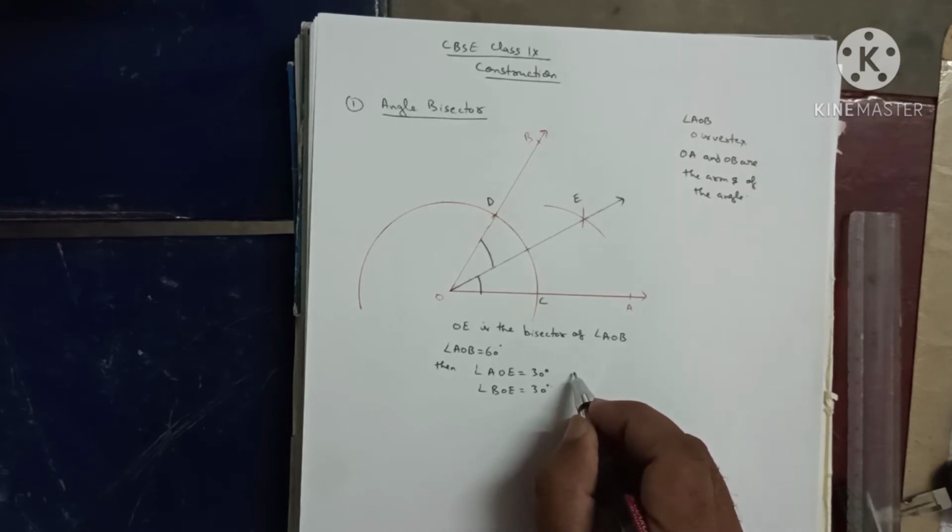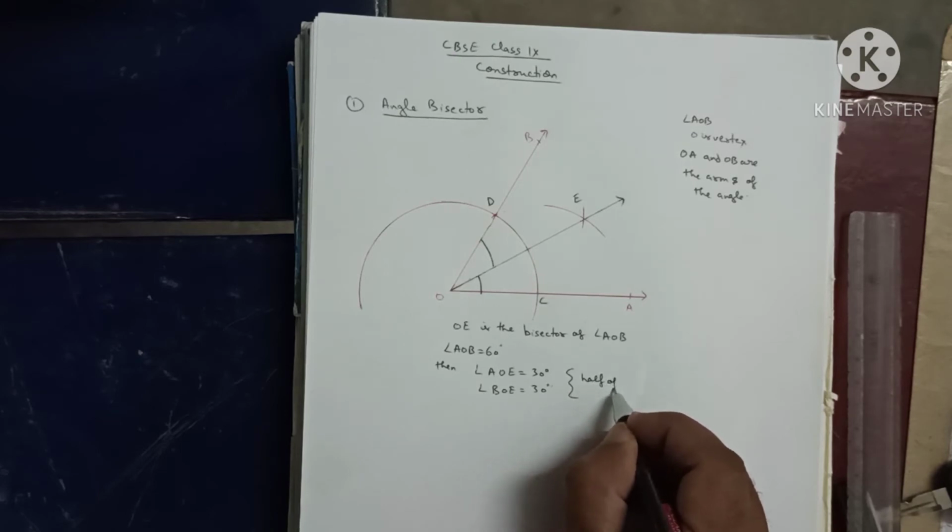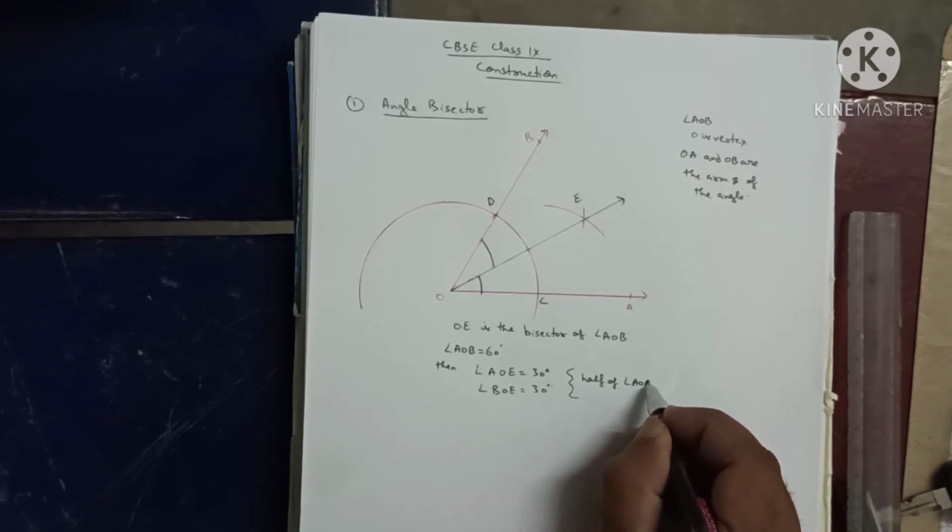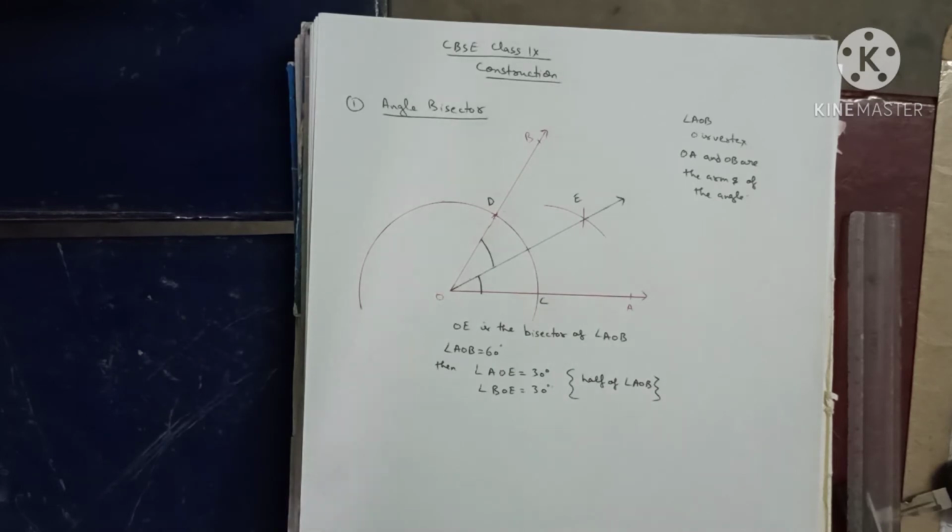Both of these will be half of angle AOB. Hope you have understood this concept. This is called the angle bisector.